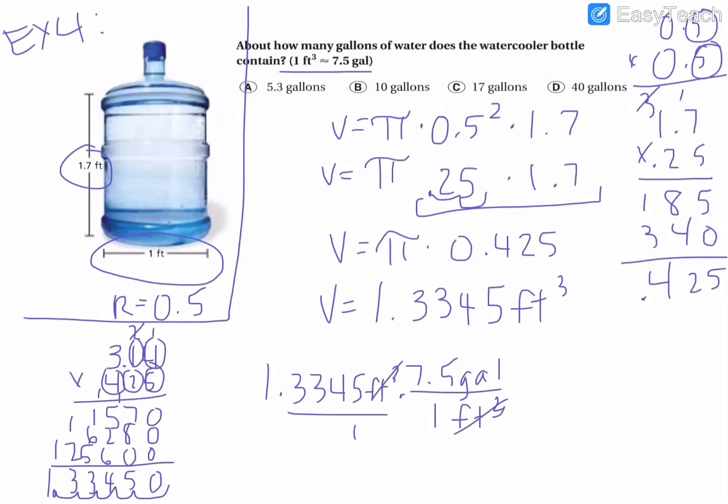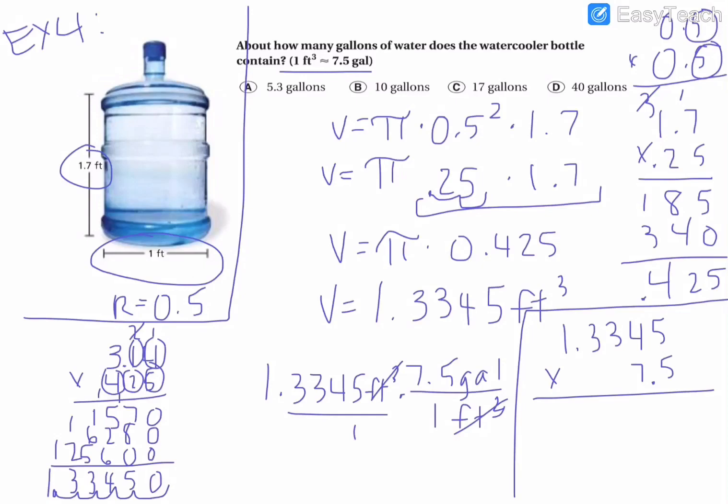So we need to multiply this crazy decimal, which I'm going to make some more space, by 7.5. And I put the decimals in there, but I'm just going to ignore them until the very end. Okay, almost done.